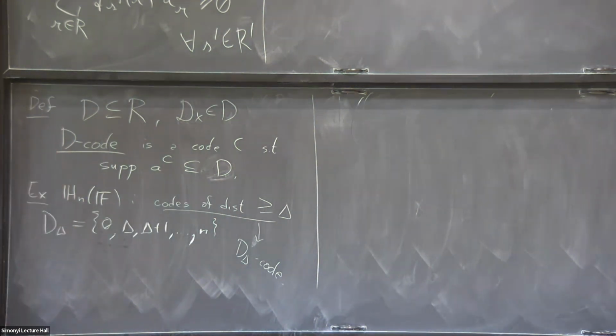If you look at the way Delsarte calls them, he calls them D-cliques, because he's really thinking from the view of a graph. You can think of it as a clique in these colors, but going more towards a coding theory flavor, you can call it a D code.